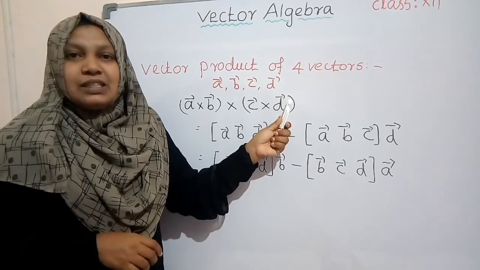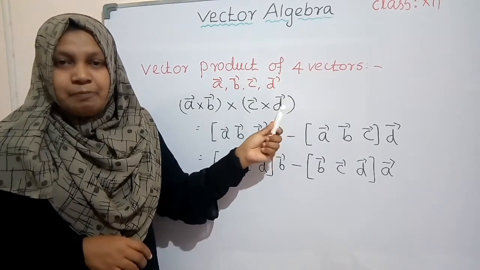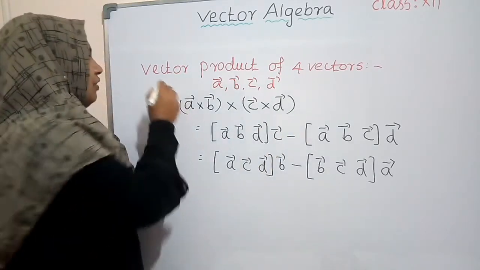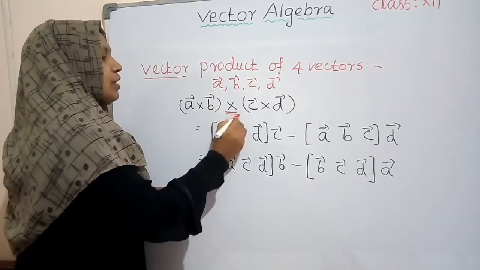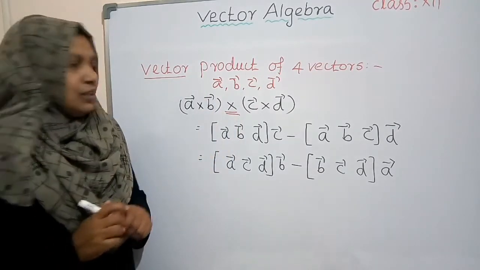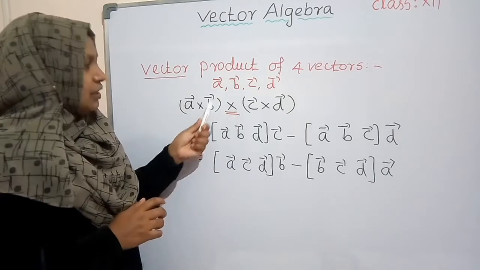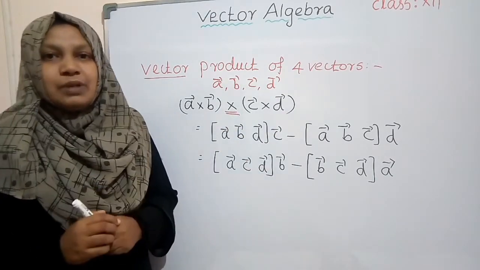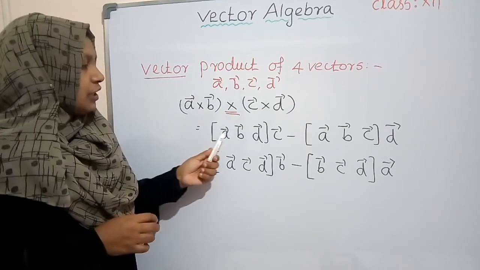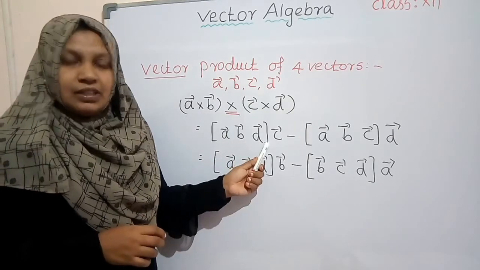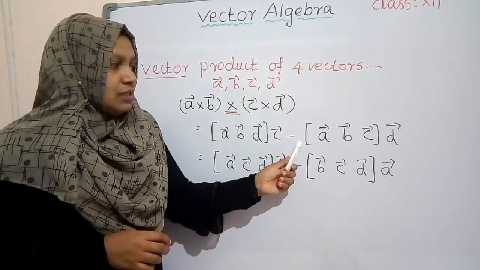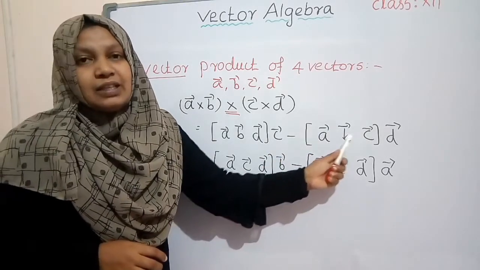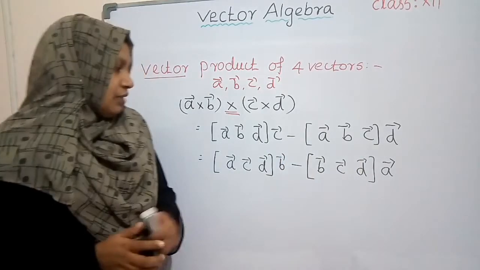Again we have to find C vector cross D vector. After that, once again we are finding the vector product here. So it is A vector cross B vector, cross C vector cross D vector. And it can also be written as box product of A vector, B vector, D vector into C vector, minus box product of A vector, B vector, C vector into D vector.